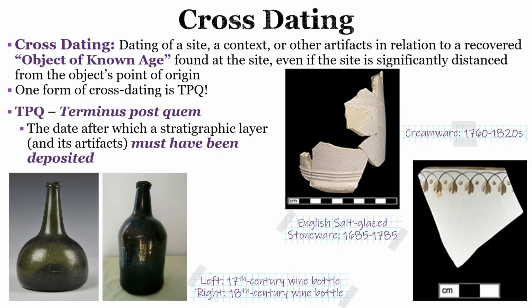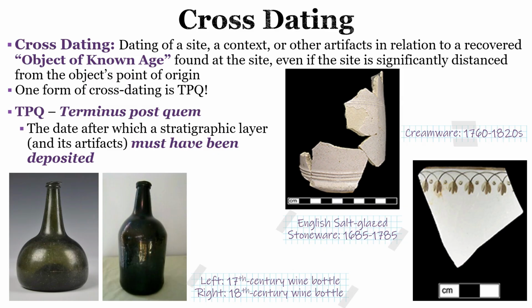If you look on the screen, you can see some examples to try and help you test out this concept. So if we look at the bottles, on the left, we've got a bottle from the 17th century, that's the 1600s. And on the right, there's a bottle from the 18th century, so that's the 1700s. If we find them in the same layer, ask yourself, using the concept of TPQ, which one do you think would help us date the site?